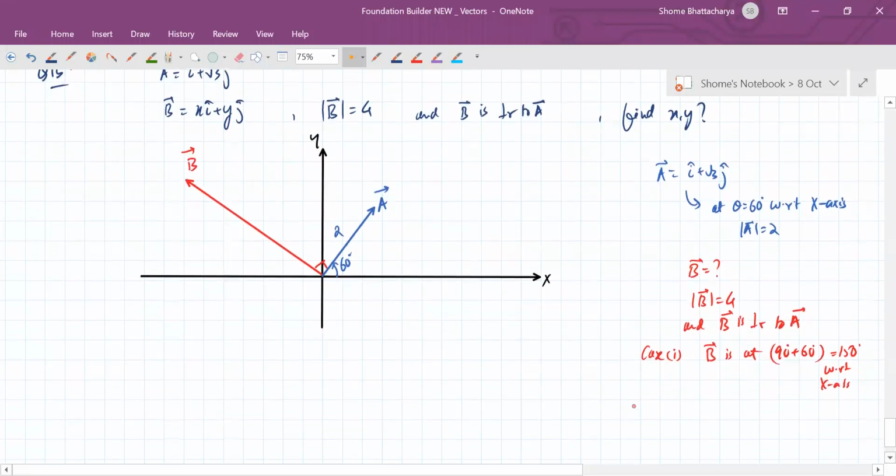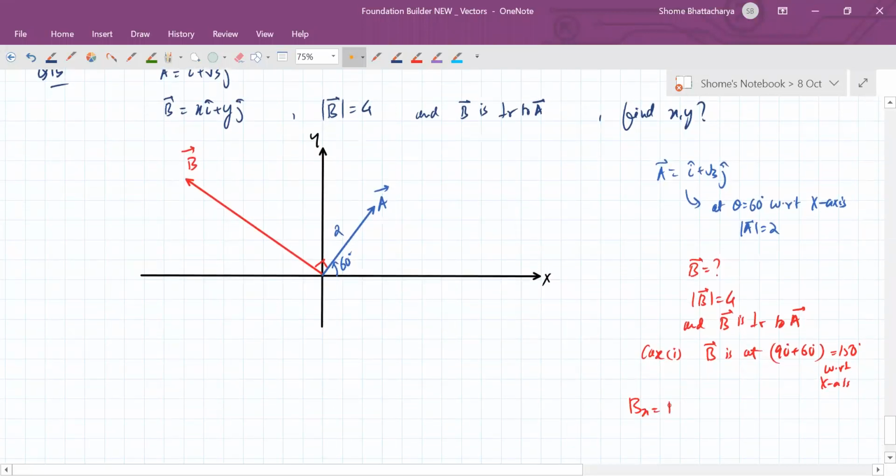So B's x component would be 4 cos 150. So that is minus 2 root 3. And B's y component, that is plus 2.